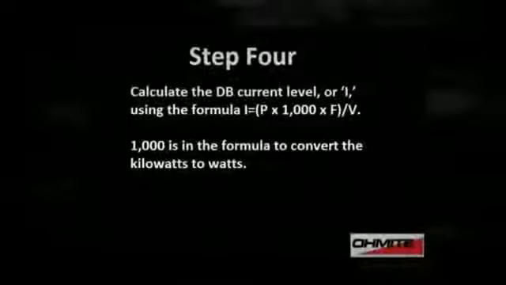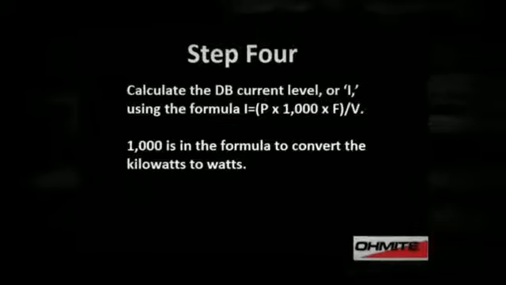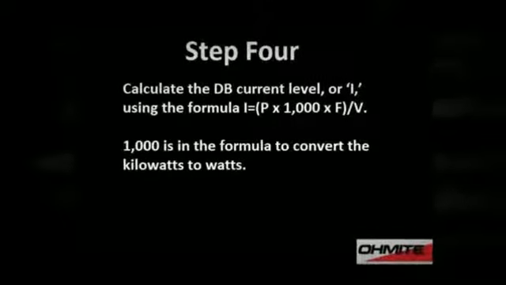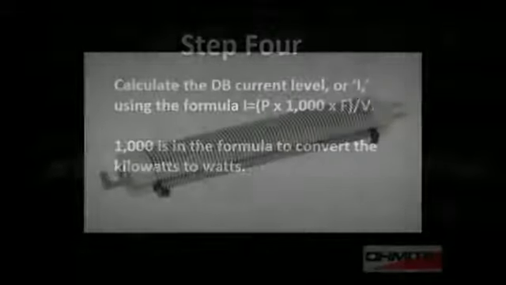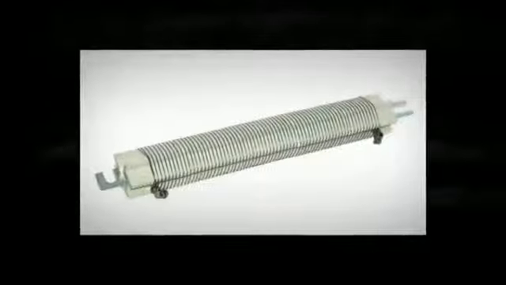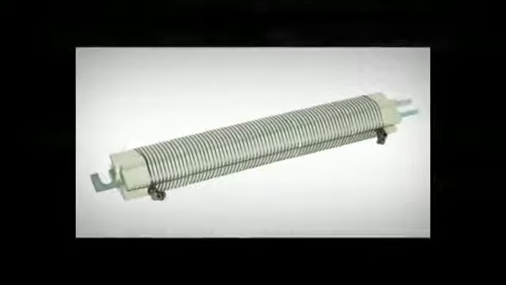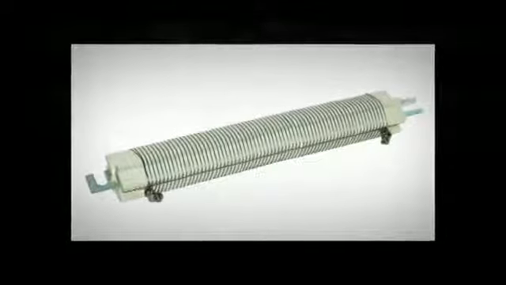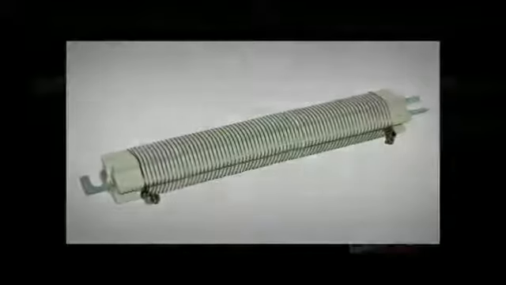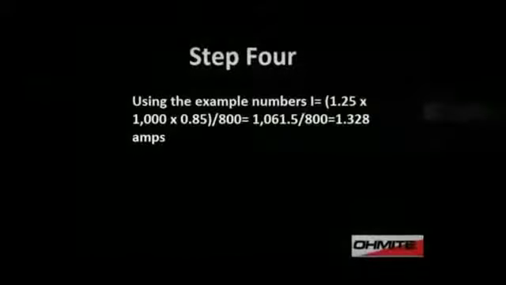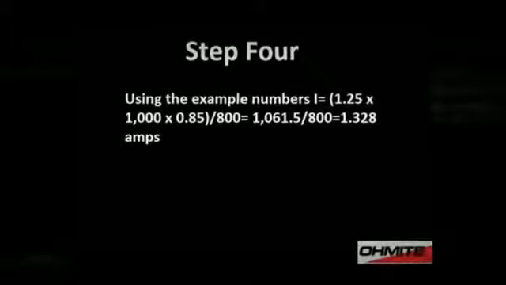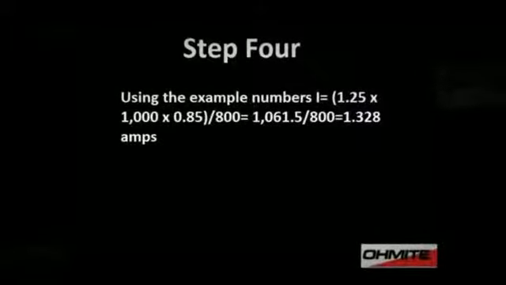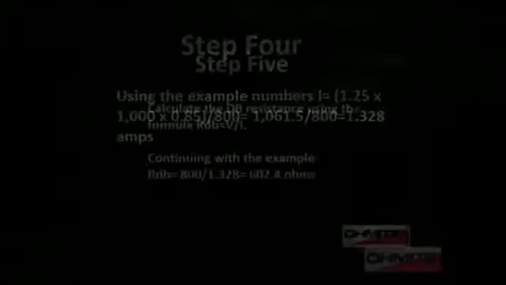Then, calculate the DB current level, or I, using the formula I equals P times 1000 times F divided by V. The number 1000 is in the formula to convert the kilowatts to watts. Using the example numbers, I equals 1.25 times 1000 times 0.85 divided by 800 equals 1061.5 divided by 800 equals 1.328 amps.